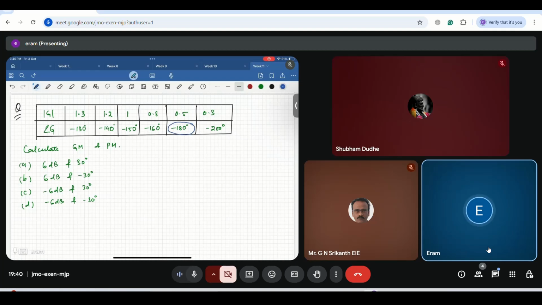We have a phase of minus 180 degrees given to us, and at this phase, how much is the magnitude? The magnitude is 0.5. Okay, so how much more magnitude can we add to the system such that the magnitude becomes equal to 1, because this is not in dB, so we have to consider magnitude equal to 1.